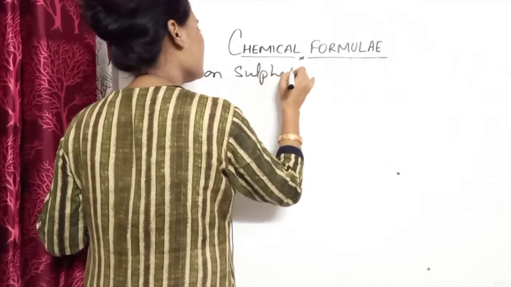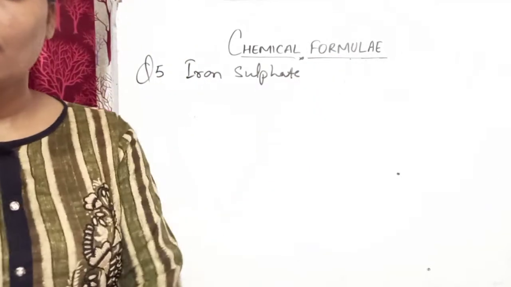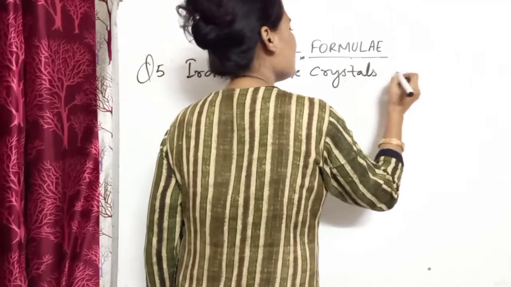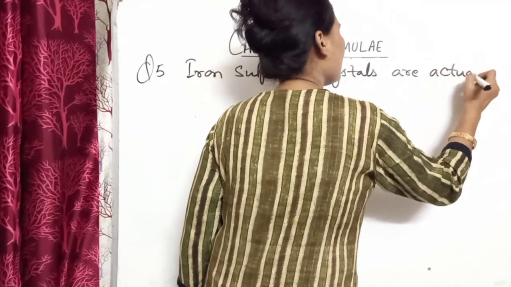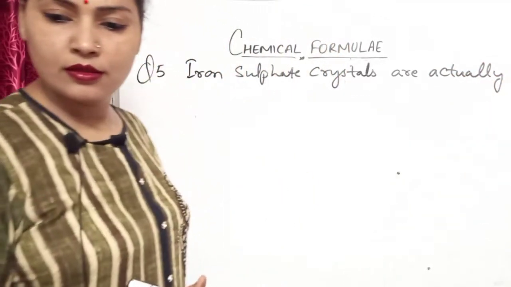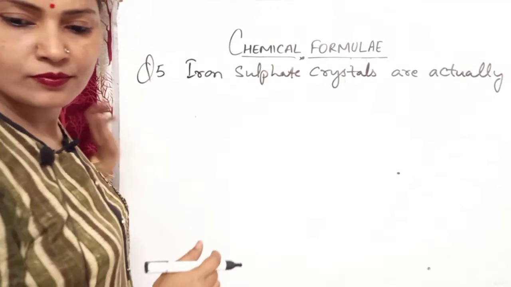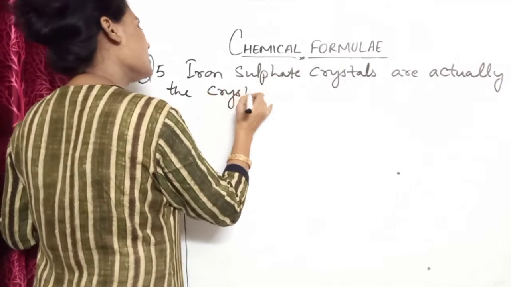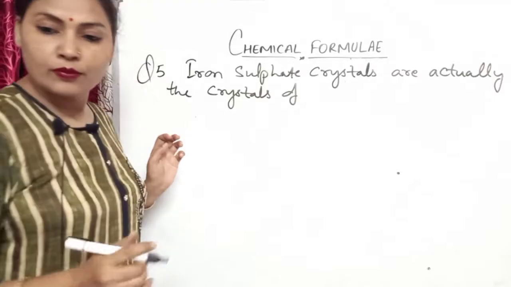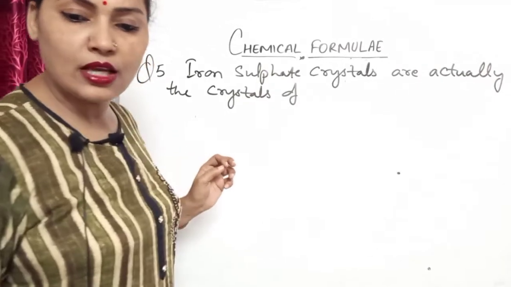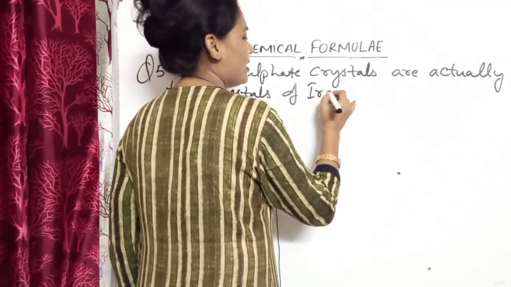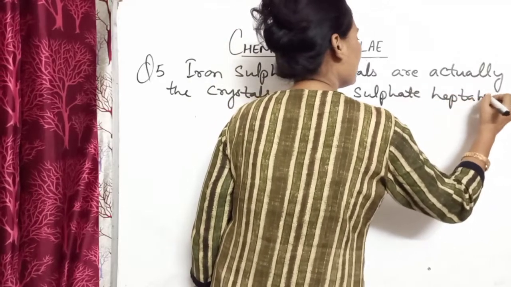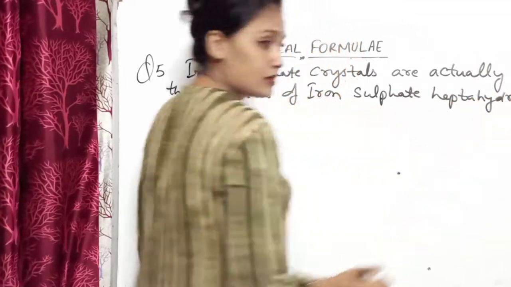Iron sulfate crystals are actually the crystals of iron sulfate heptahydrate.